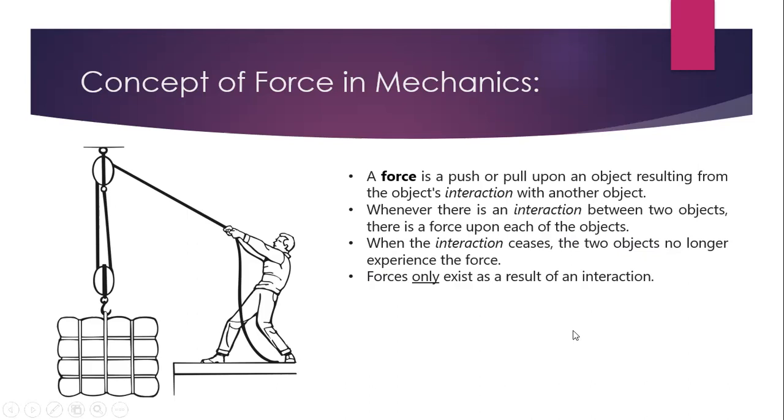When the interaction becomes zero, there is no longer the impact of force. So it will be zero, no force will be there if you discontinue the interaction between the two objects.